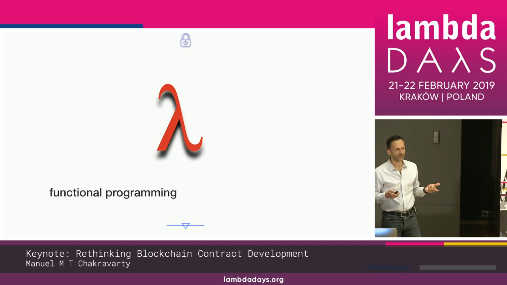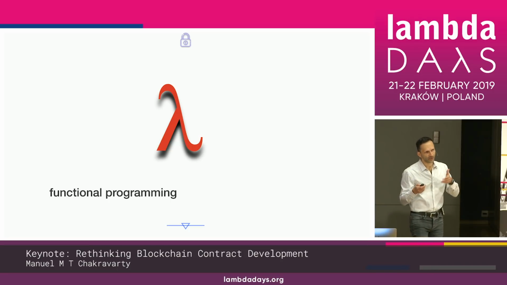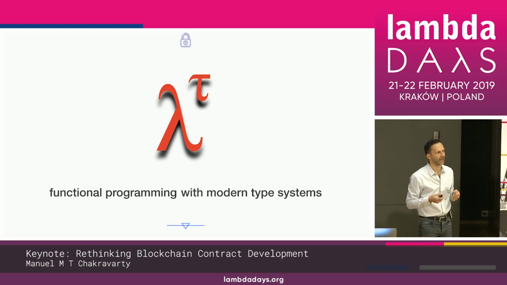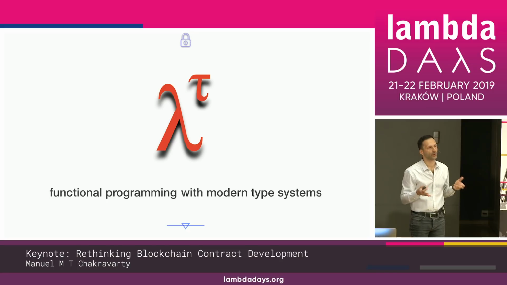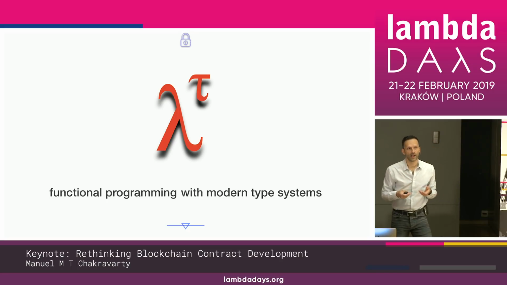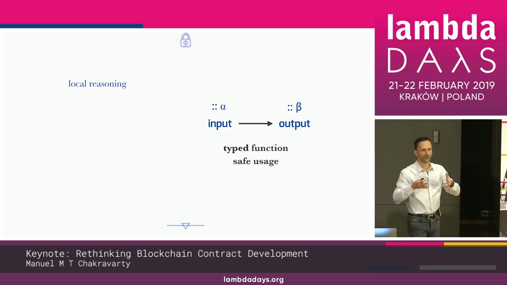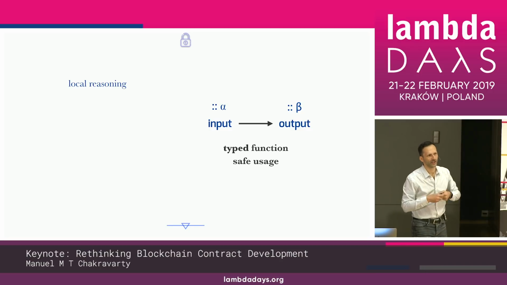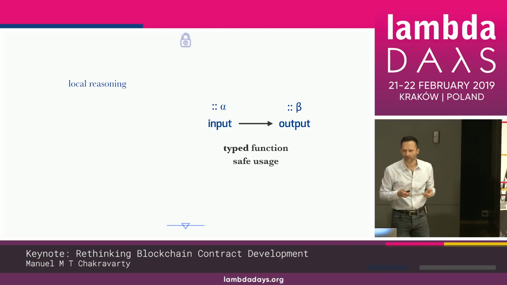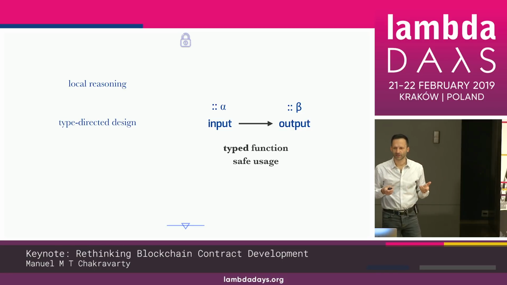So functional programming: not only functional programming, but very heavy use of type systems and dependently typed tools such as Agda, which are very heavy in our tool set. For you folks, I don't have to espouse the virtues of functional programming. I think we are already on the same page.